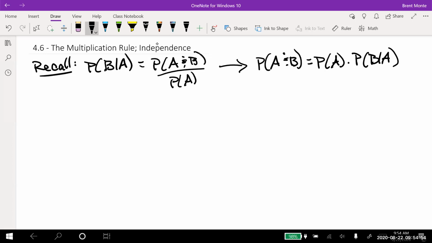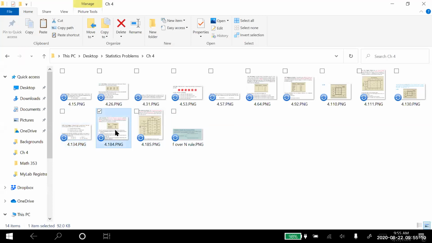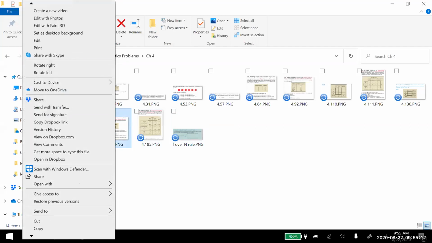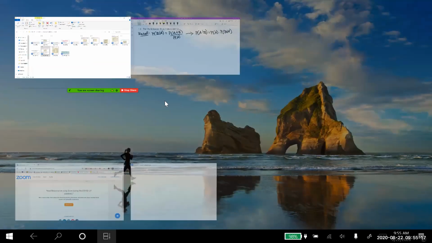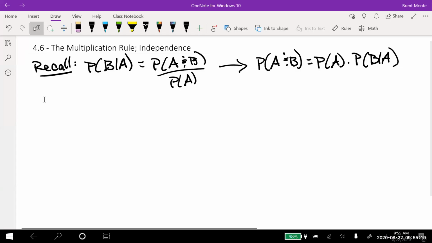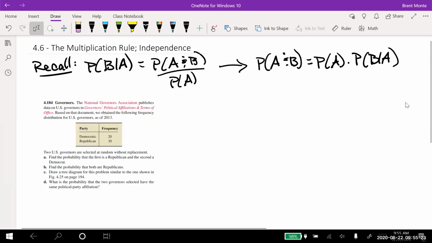So let's do a problem and see how this multiplication rule works out. So let's go to 184. I'll grab that and paste it in there. And as you can see, just one more problem after this.